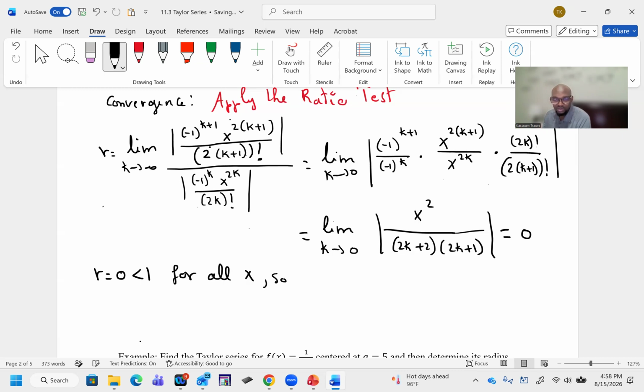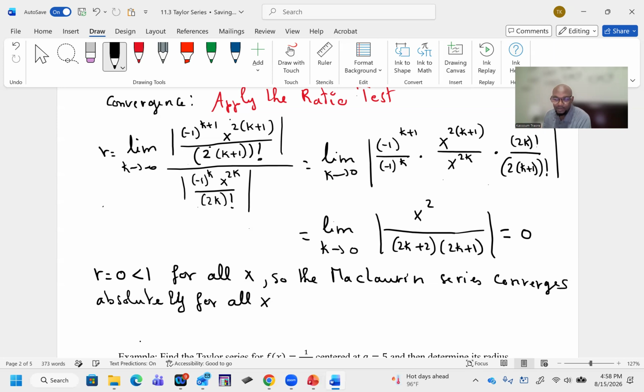So the Maclaurin series converges absolutely for all x, right?